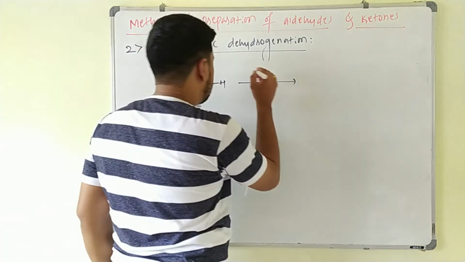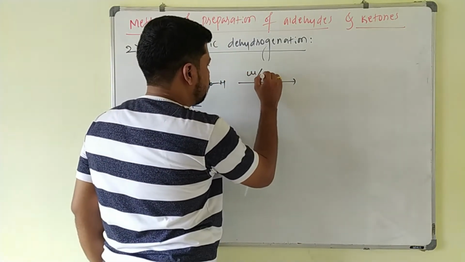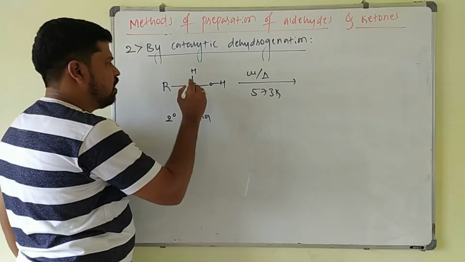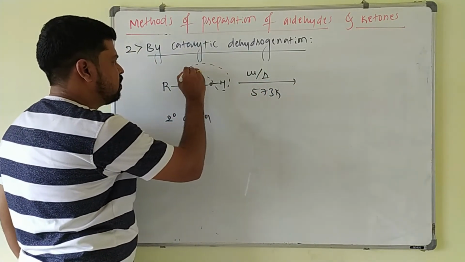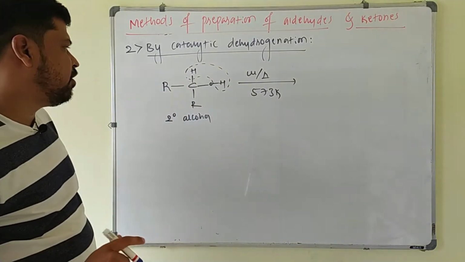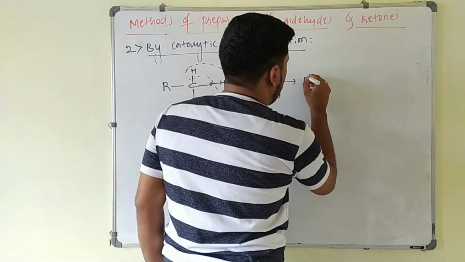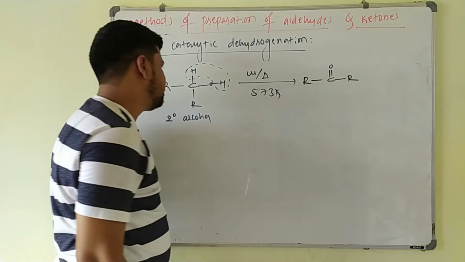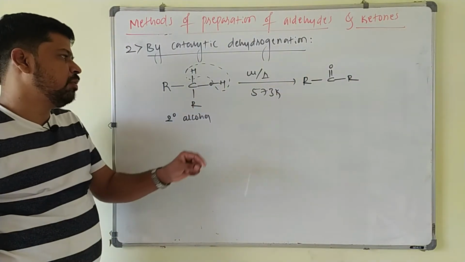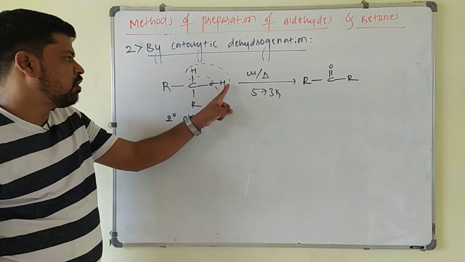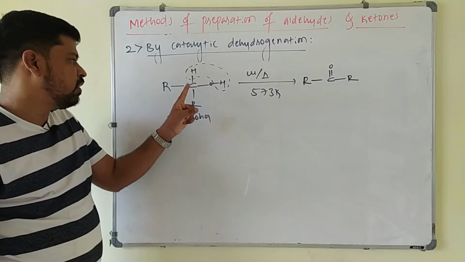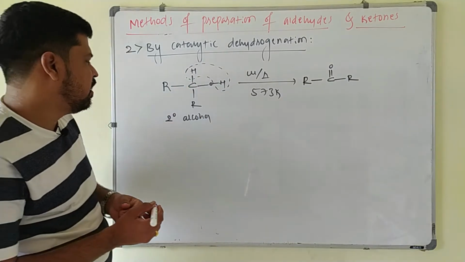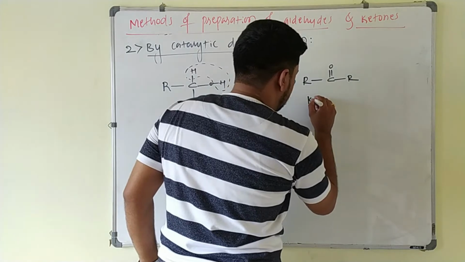On passing through heated copper at 573 Kelvin, again it undergoes dehydrogenation because it has oxidizable hydrogen, to form a ketone, R C double bond O R. You just have to form a double bond between carbon and oxygen, because you are breaking a sigma bond of oxygen and a sigma bond of carbon, so whenever two sigma bonds are broken, a new pi bond will be formed here. So you will get a ketone.